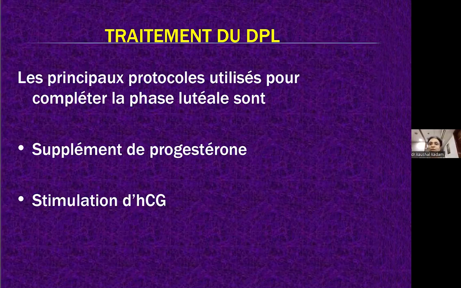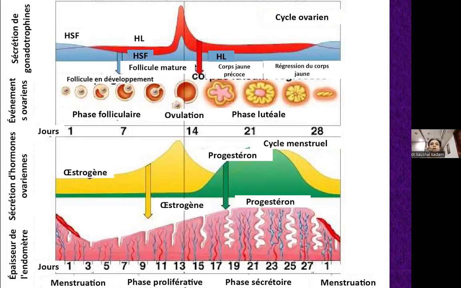So what is the treatment? The treatment for luteal phase defect is to give progesterone supplementation, or you give HCG stimulation. So what is progesterone? It's a steroid hormone. It is mainly synthesized in the ovaries and the adrenal cortex, and it is very important for the reproductive function.